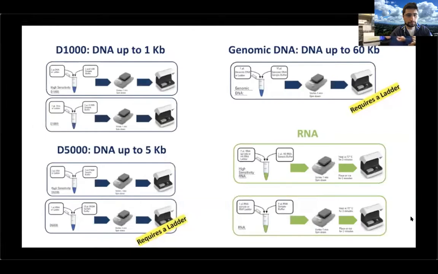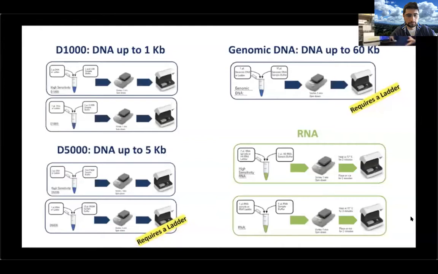So you are loading your samples with a sample buffer, and then next to it, you're usually loading a ladder to just have the sizing information. However, for the D1000, there's an option to have an electronic ladder, so you have accurate sizing information without loading a ladder, which is very useful if you want to save some money on the TapeStation runs. However, for some applications, for example, D5000, and we'll see in a moment the genomic DNA, you need to run the ladder every single time to have accurate information about the sizing.